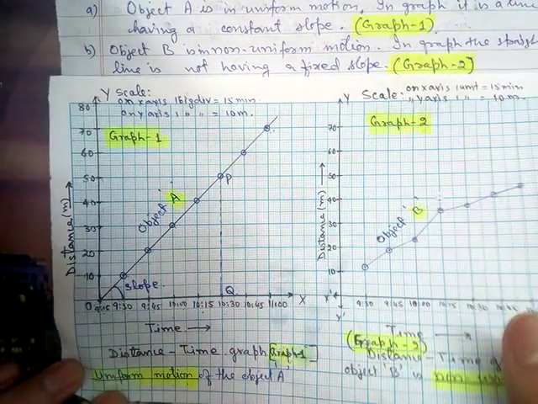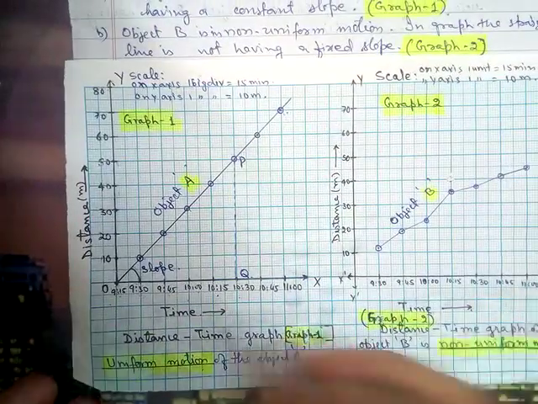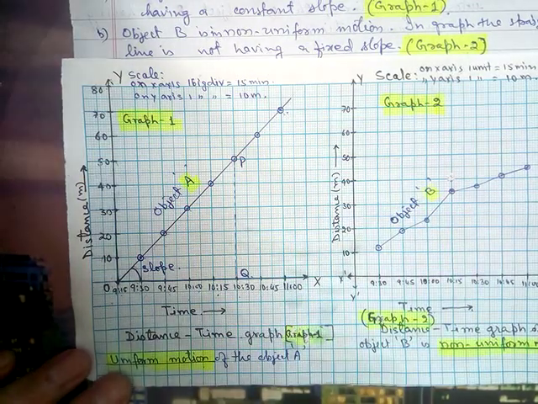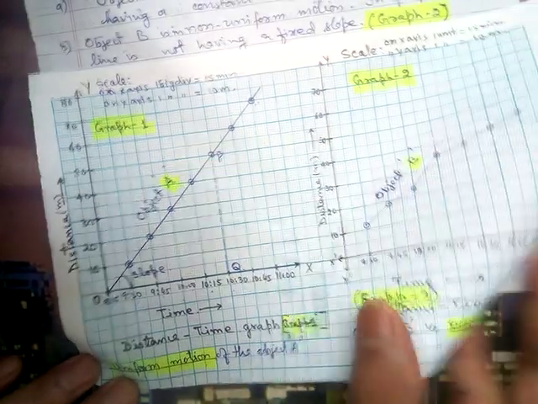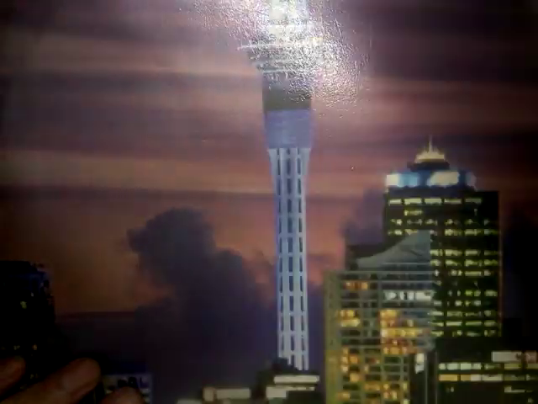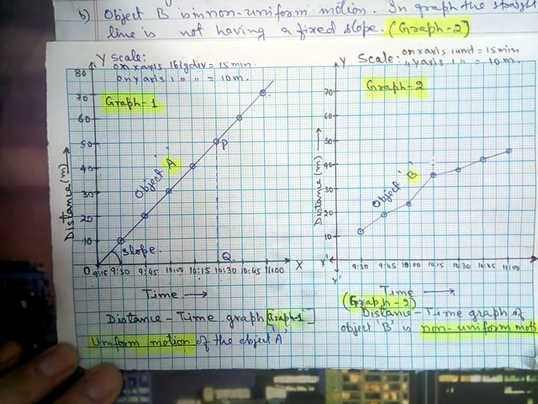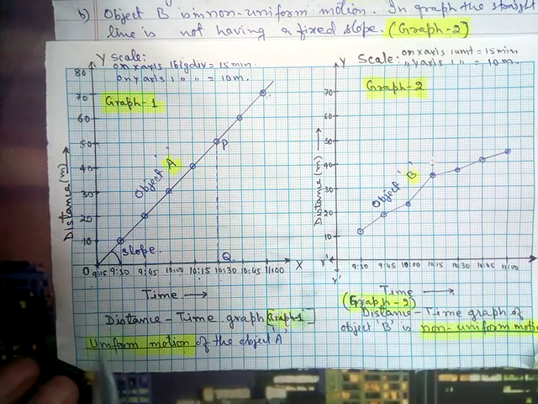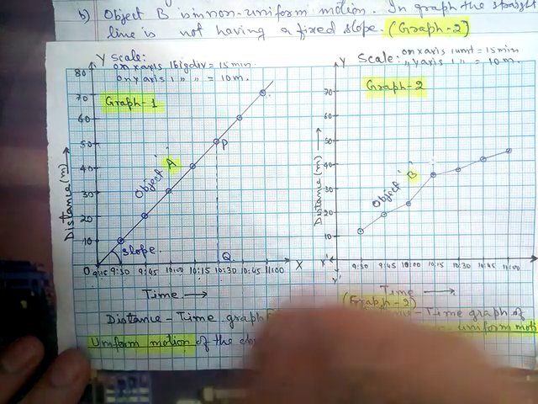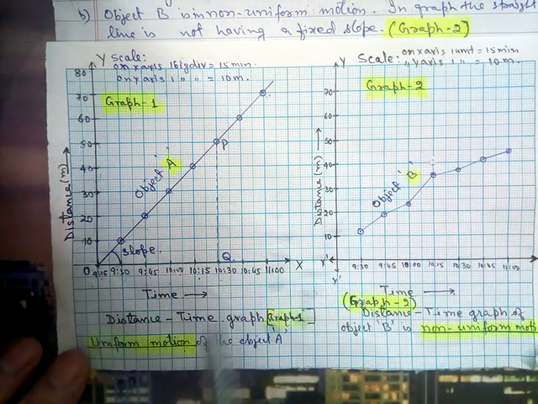Thus we can say that if on a distance time graph we get a straight line, that shows that it is having uniform motion. From graph 1, the first thing we are getting is the nature of the motion of the object, that is, object A has a straight line in the distance time graph, and thus it is having uniform motion.